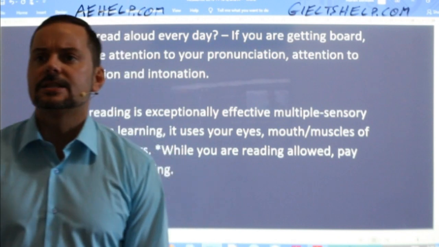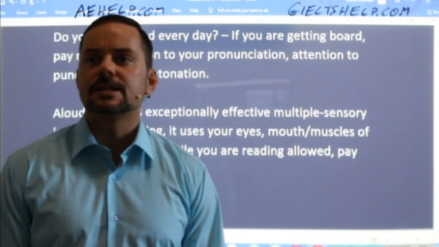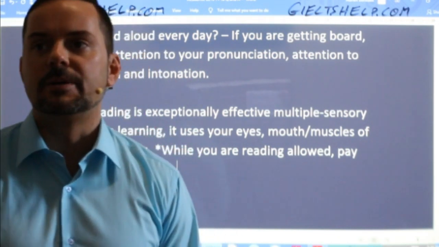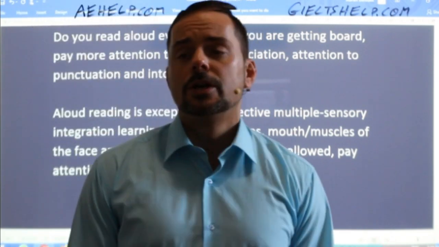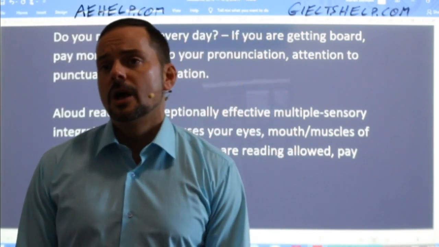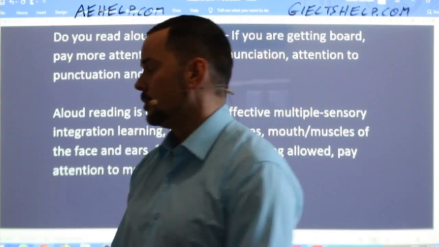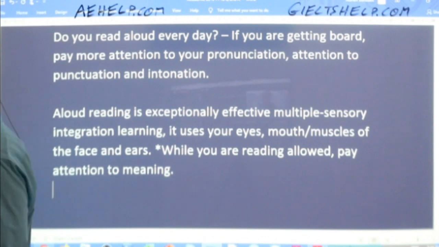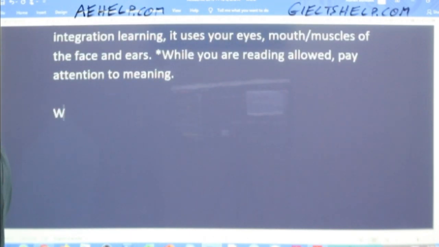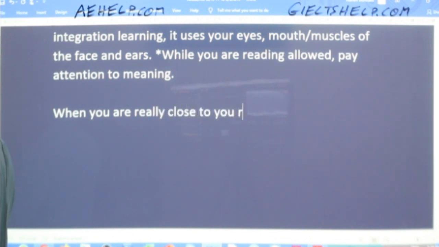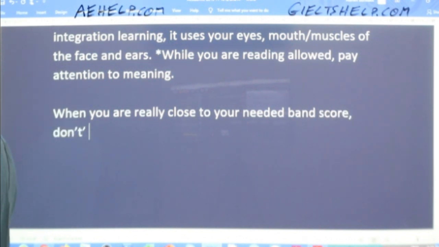Ferdovs says, I got overall 6.66, reading 6.5, but I need 6.5. Whew, Ferdovs, you are really close. Students, when you're really close, Ferdovs, here's a really important point for you to keep in mind. So when you're really close to your needed band score, don't get down on yourself.